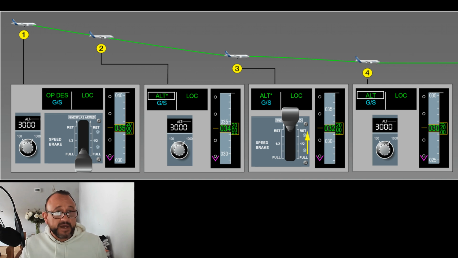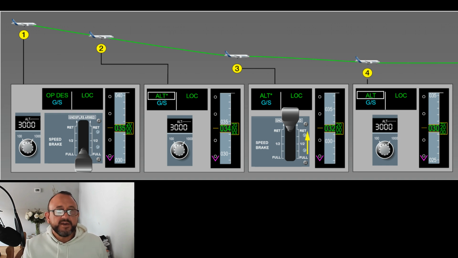At 3,200, the flight crew retracted the speed brakes and twice attempted to engage VS by pulling the VS/FPA knob, but ALT* mode re-engaged 1 second after each, because it's in the altitude capture mode now, isn't it? At 3,000 feet, ALT mode engaged and the aircraft leveled off.